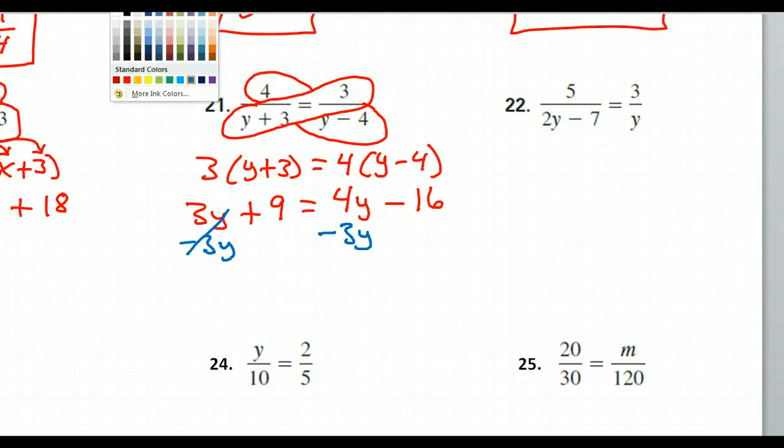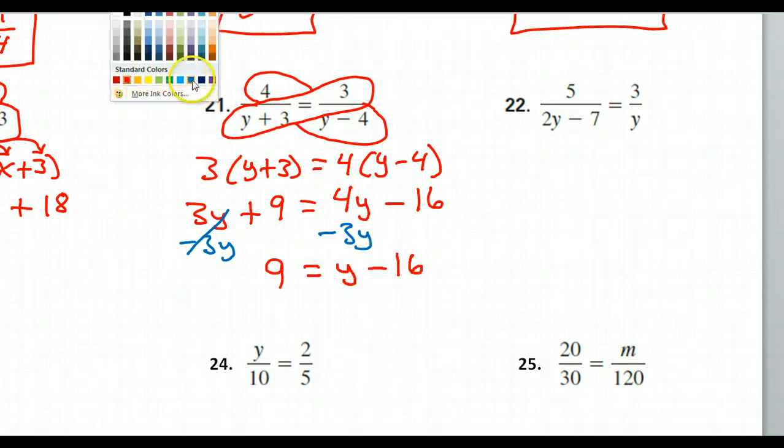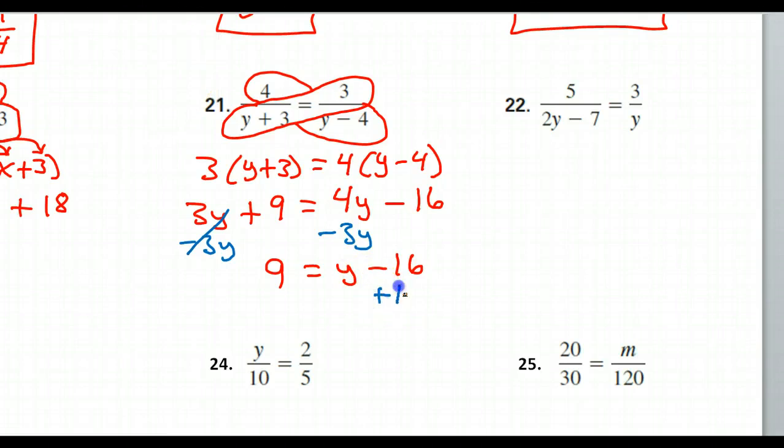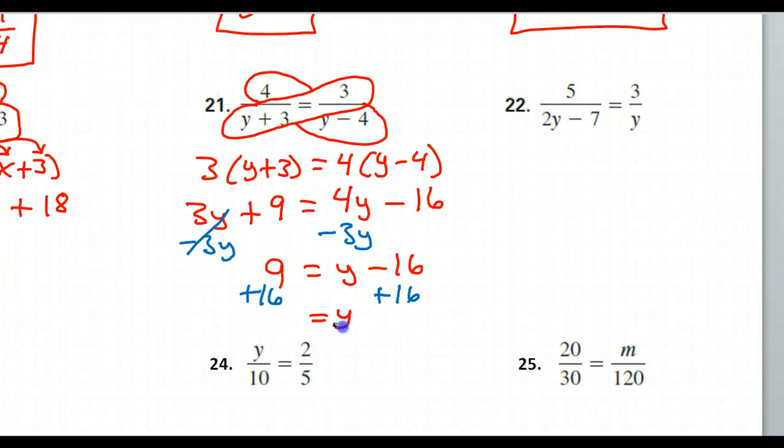So that's going to leave me with 9 is equal to 1y, which is just y, minus 16. Add 16 to both sides, and we're done. Plus 16 plus 16. So it's going to be y equals 25.